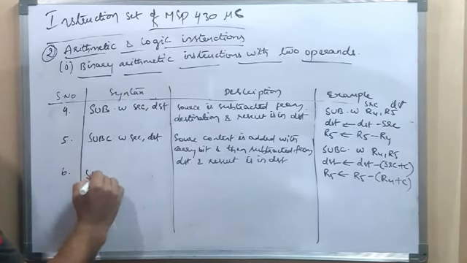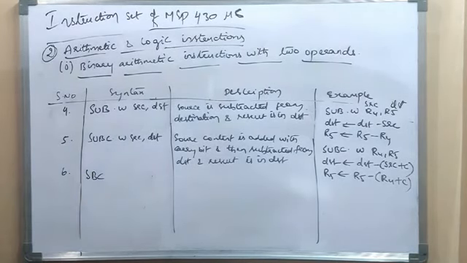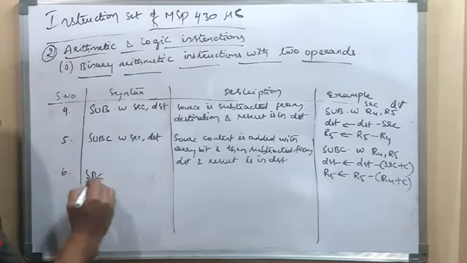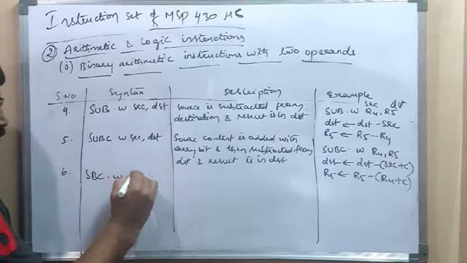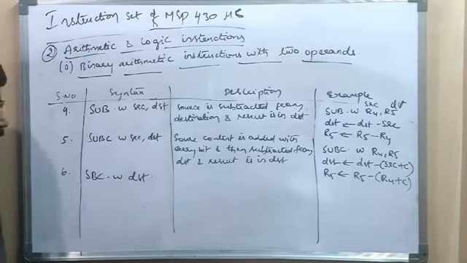Next, subtraction with carry from destination, right? Subtract the carry bit from the destination. SBC is nothing but subtract carry bit from the destination. So there is only one operand, that is destination operand.